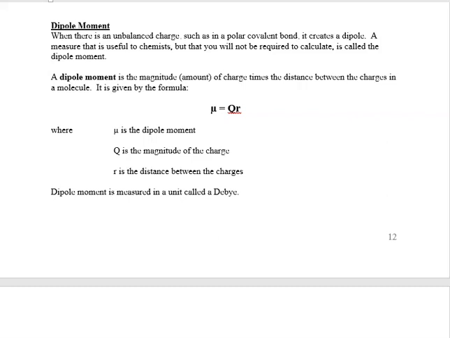And it's given by the formula: the dipole moment equals the magnitude, that's a fancy word for how big, the amount of charge, times r, that's kind of abbreviation for radius, the distance between the charges. And the dipole moment is measured in a unit called a debye.